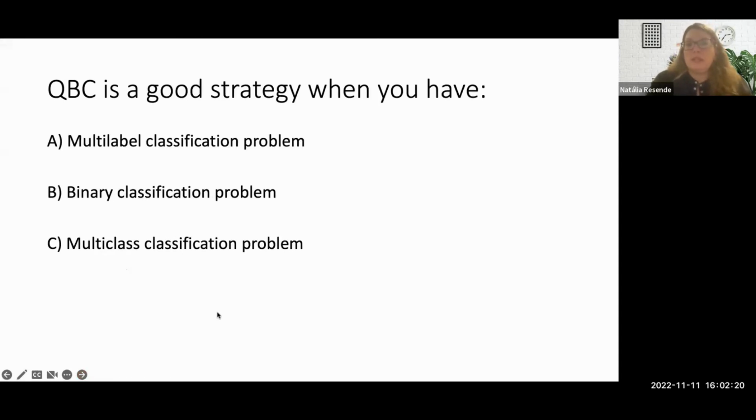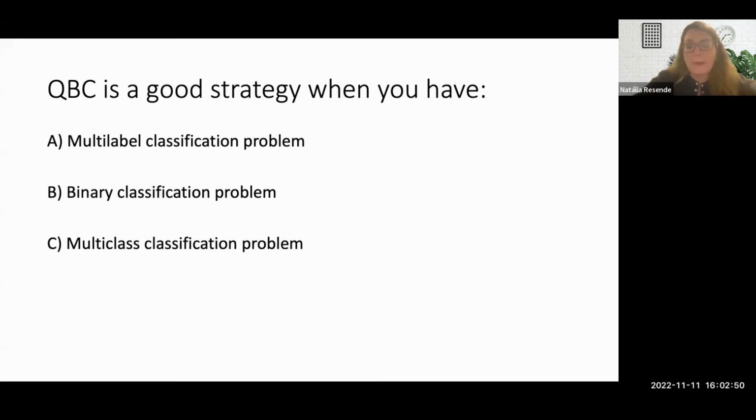Query by committee is a good strategy when you have a multi-label classification problem, binary classification problem, or multi-class classification problem. Query by committee is a very good one, as I mentioned, when we have a multi-label classification problem, although it can also be used for binary or multi-class classification.